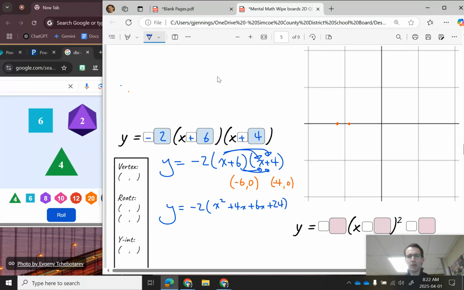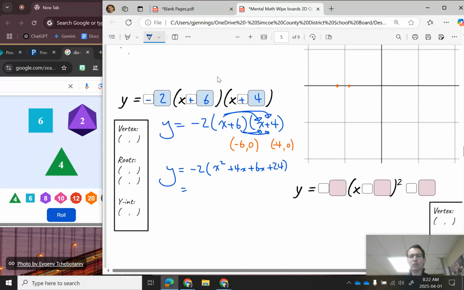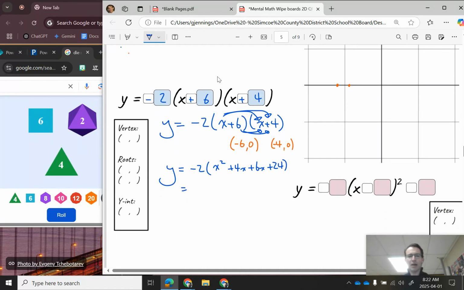Woo. And then I collect my like terms and multiply by that minus 2. So then I get minus 2x squared. This makes 10x, so altogether that will be minus 20x. And then 24 times minus 2 is minus 48. Okay? So I have converted the quadratic to standard form by expand and simplify.